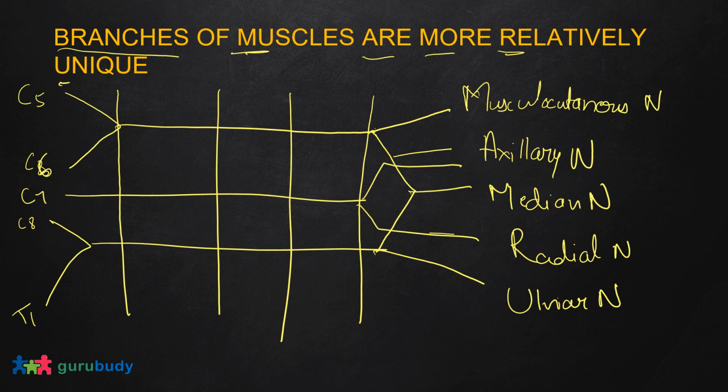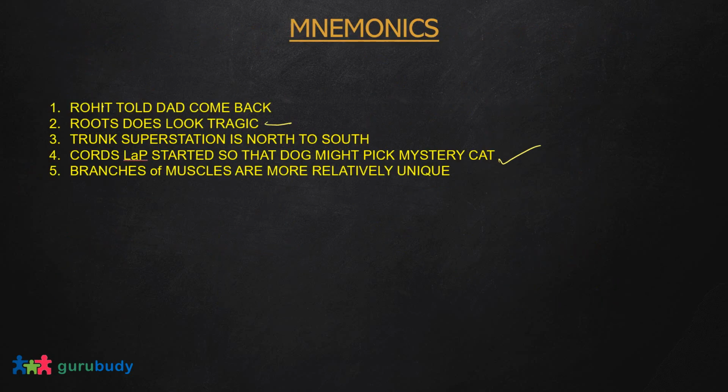So this makes the whole brachial plexus, and if you practice it just twice or thrice, it will stay in mind and be very easy to remember. So for this, just remember all the 5 mnemonics and you will be done. Thank you.